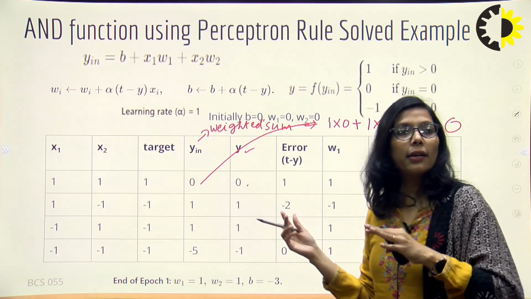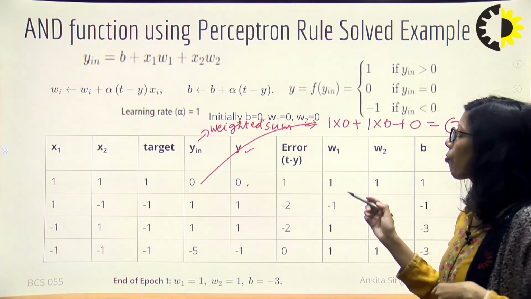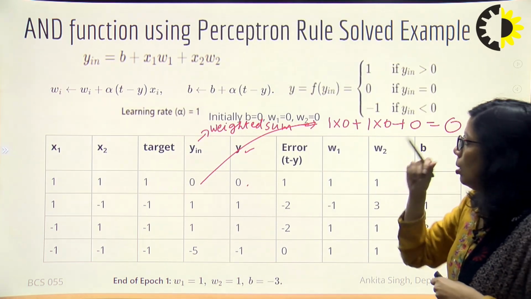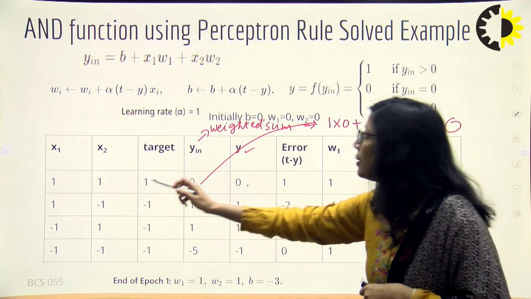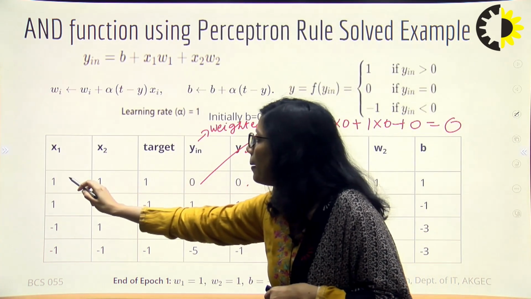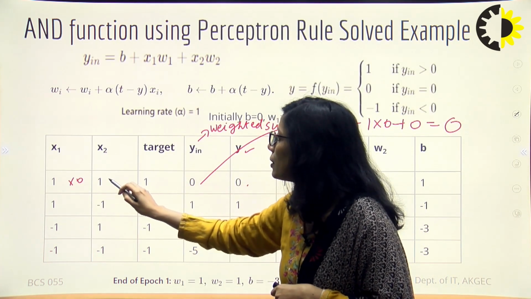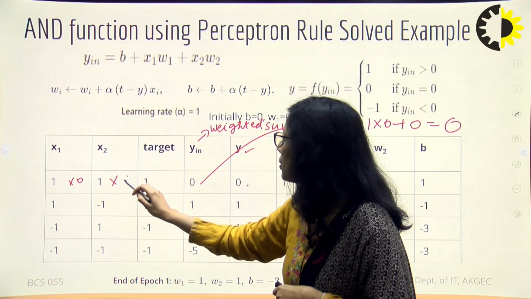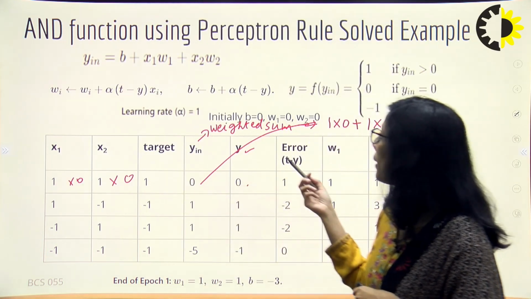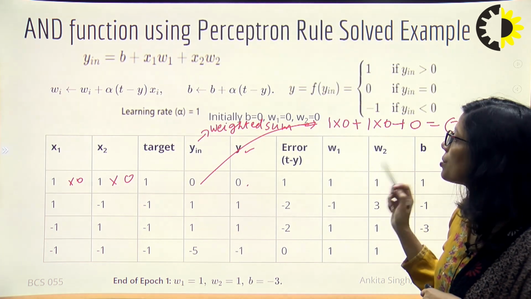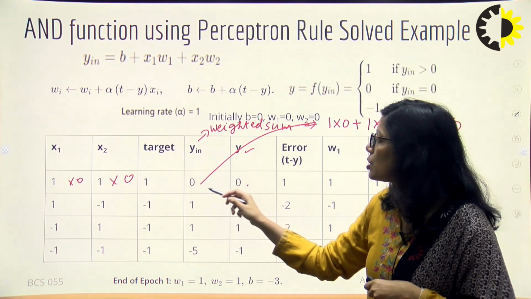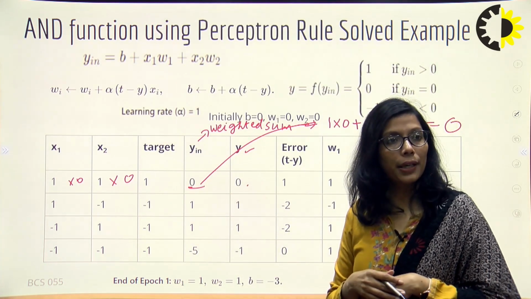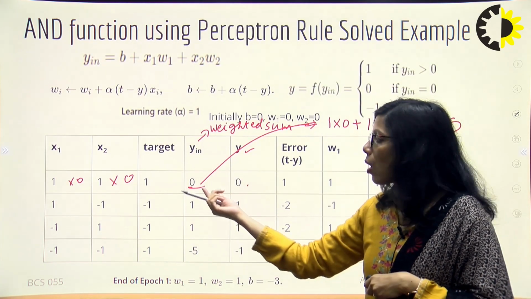So when I multiplied 1 by 0 and this by 0, my weighted sum is also 0, and my output is 0. Fine. So this is how I got 0.